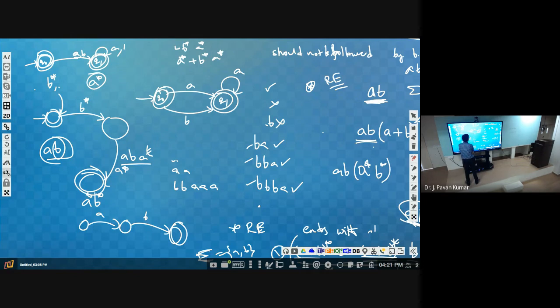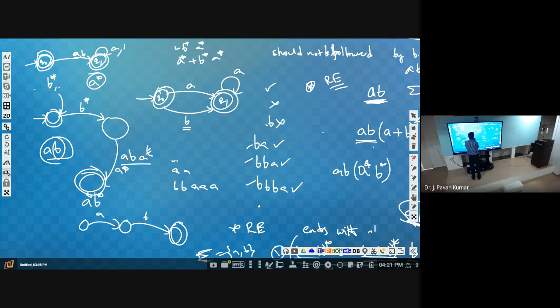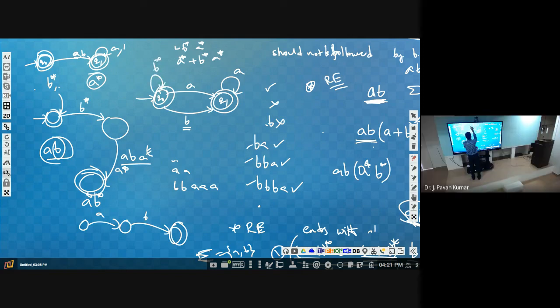Now B star will be accepted or not? Yes, sir. We need to take a self loop on Q0 for B. Then B star is accepted. Sorry, star not required to specify. This is a self loop on B.